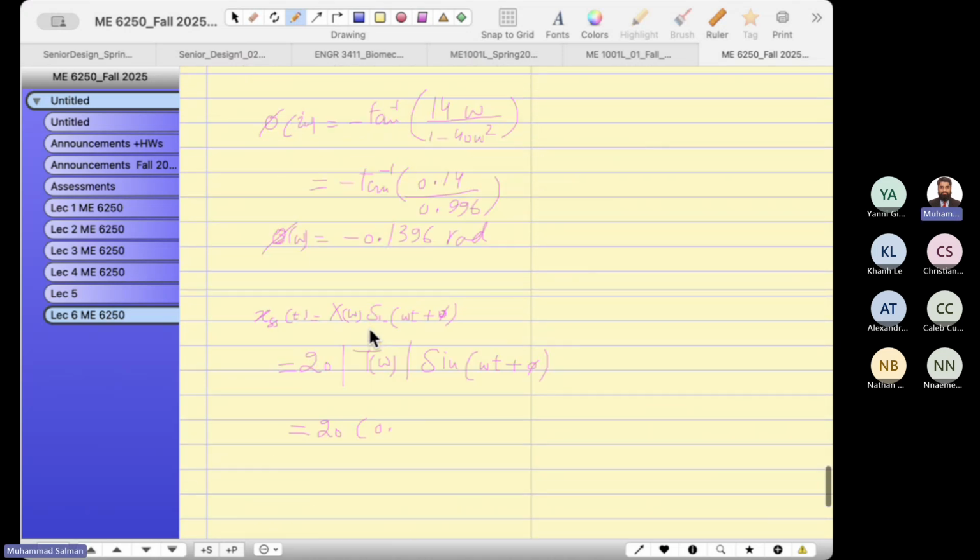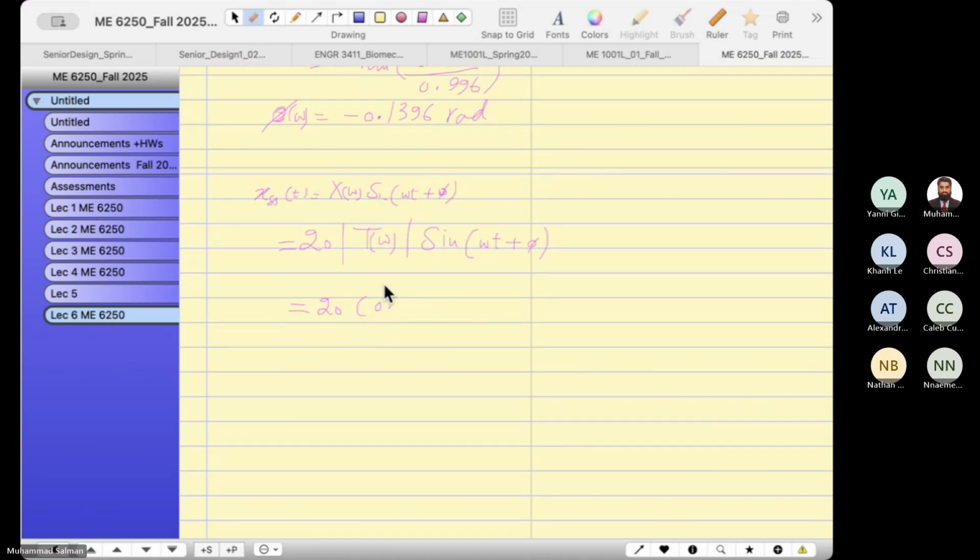Sorry, 4.97. Point zero one t minus. So this is a complete steady state amplitude at any time at a frequency of 0.01.